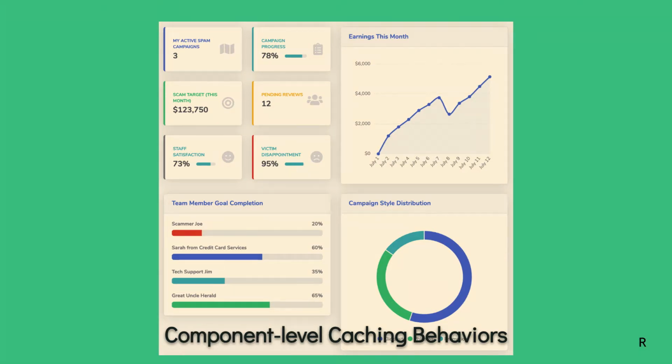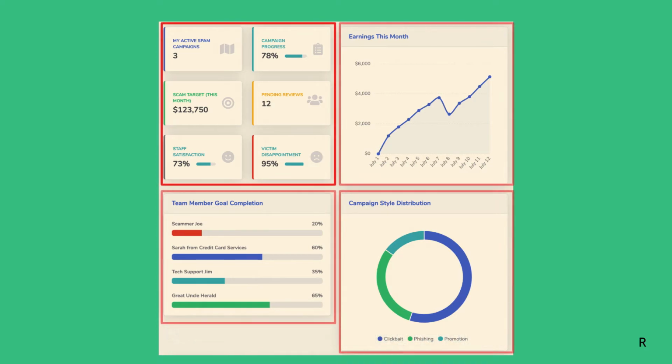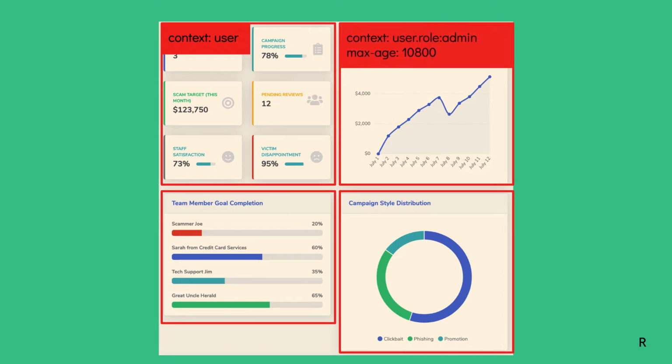Okay, so to really explore what bubbling actually looks like, the best way to demonstrate that is to walk through an example here. We have all 4 of these separate components, and we've defined them. They each have their own separate behaviors. Our cards up here vary based on the specific user.